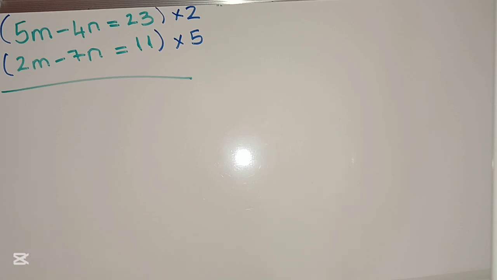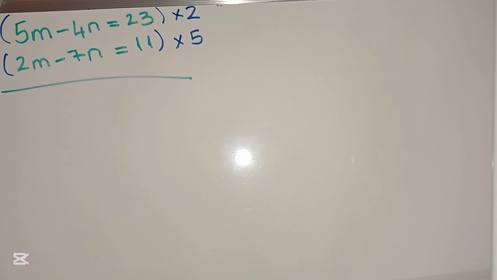If you had decided to eliminate variable n, then you find the LCM of 4 and 7. But I'm going to find the LCM of 5 and 2 because I want to eliminate variable m.